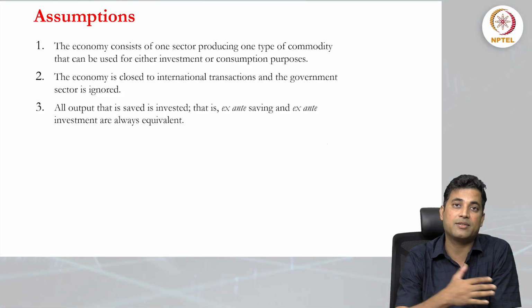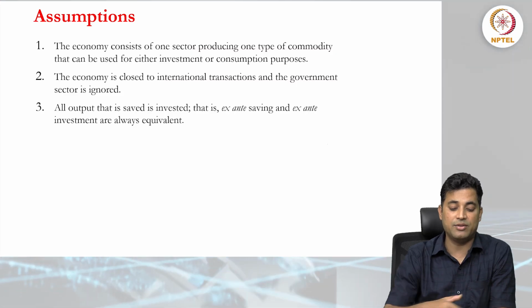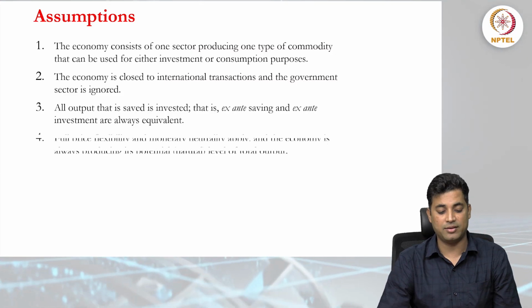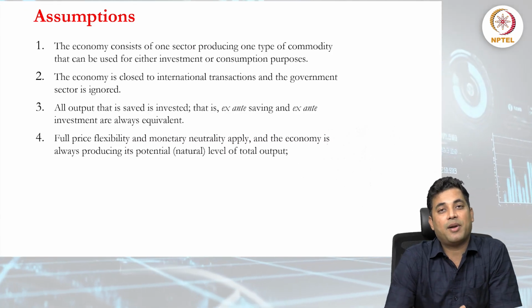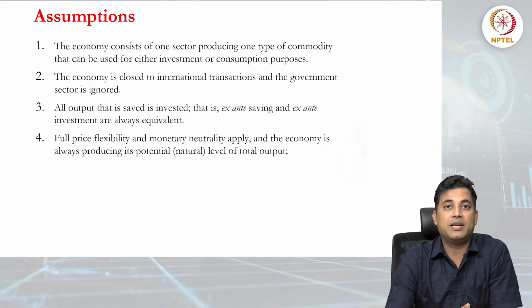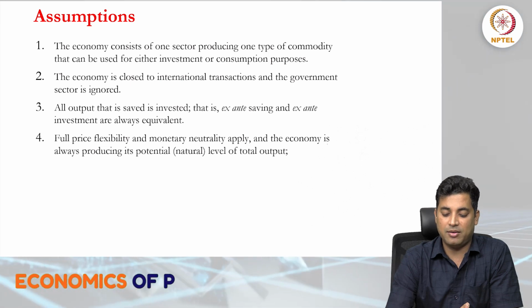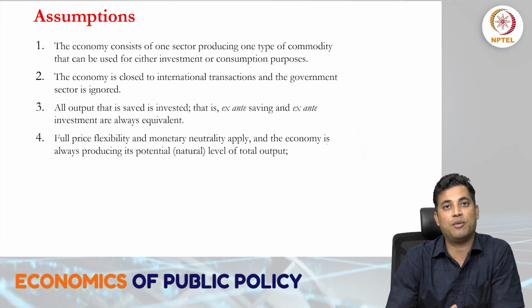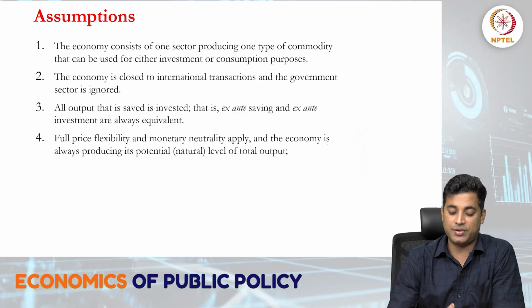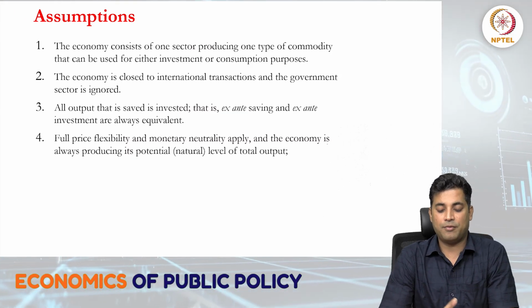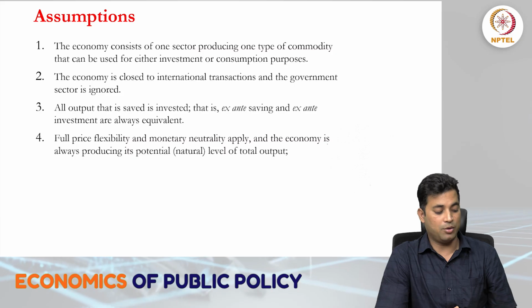Therefore whatever the savings are, that needs to be invested or equivalent. The fourth assumption of the Solow model is full price flexibility and monetary neutrality, which means that the economy will use its full capacity or resources for its total level of output.